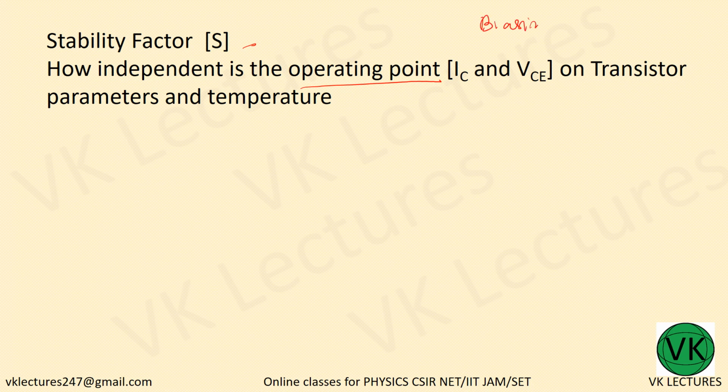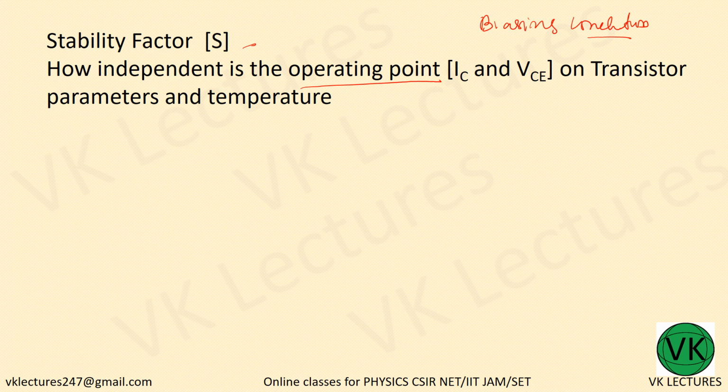The basic idea is to make the circuit independent or more stable. That means even after the temperature increases or heating in the circuit increases, we should get a stable output. That is what our aim is.